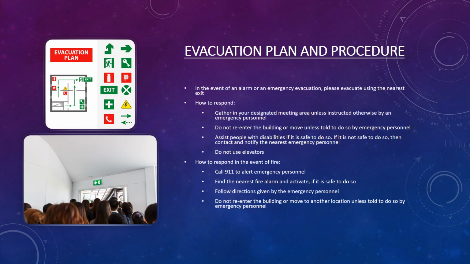Do not re-enter the building or move unless told to do so by emergency personnel. Assist people with disabilities if it is safe to do so. If it is not safe to do so, then contact and notify the nearest emergency personnel. Do not use elevators.